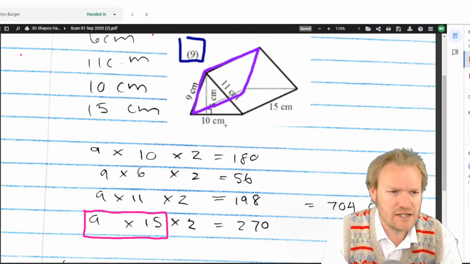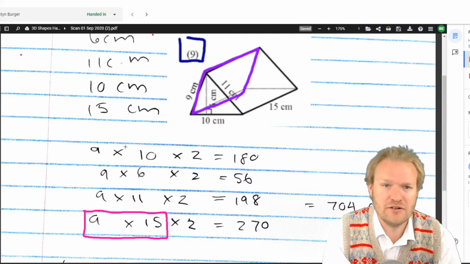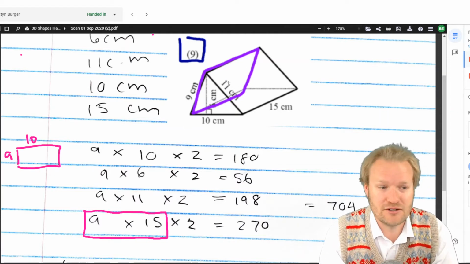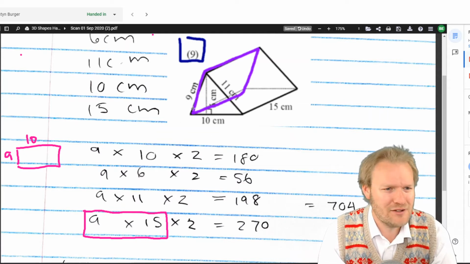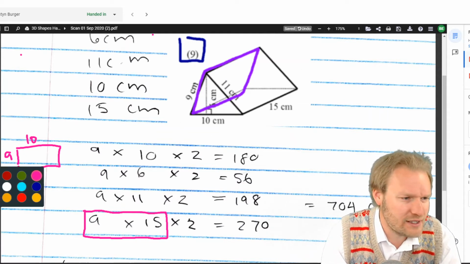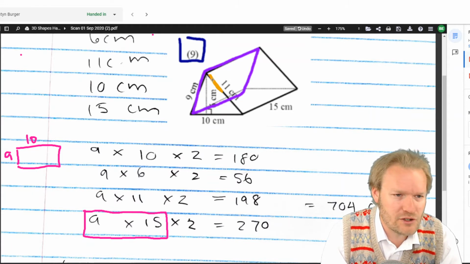So then let's see, you've got a 9 by 10. 9 by 10 would be working out the area of a rectangle that was 9 by 10, but we don't have any rectangles that are 9 times 10. So what we're looking for is, we've got that one there. Let's see if there's a rectangle over here that's facing us.